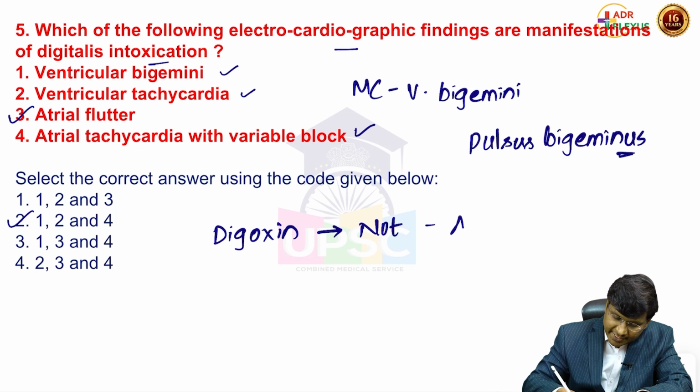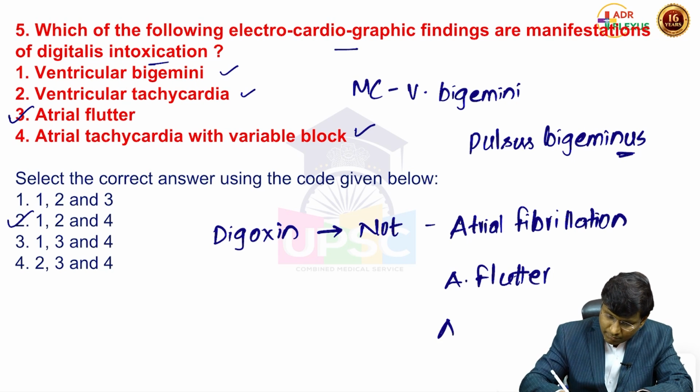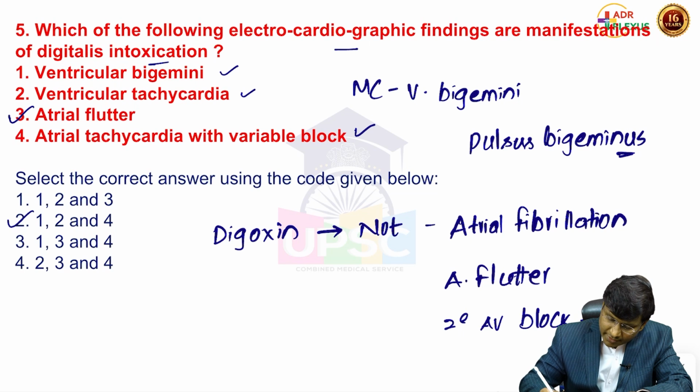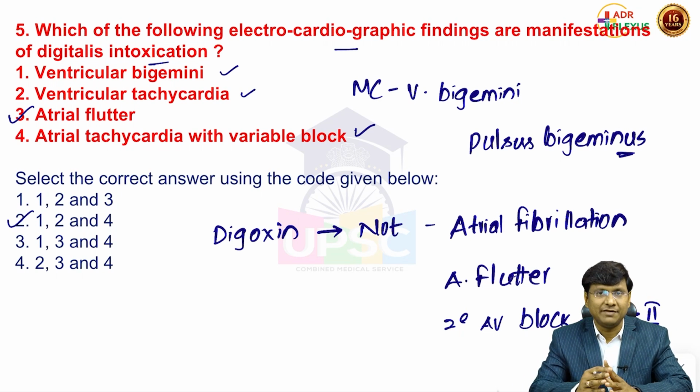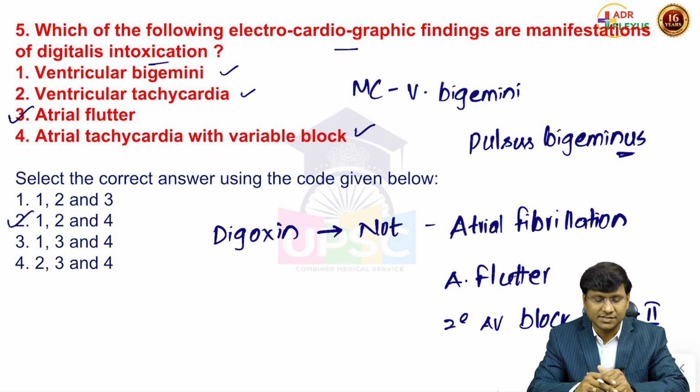That includes atrial fibrillation, atrial flutter, and it is also not associated with second degree AV block, Mobitz type 2. These are the arrhythmias that are not observed in case of digoxin toxicity.